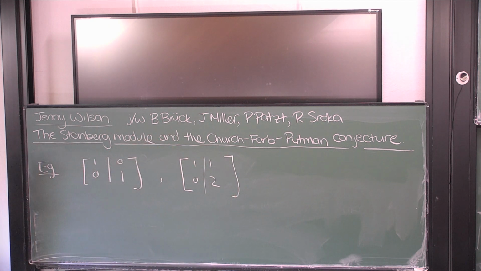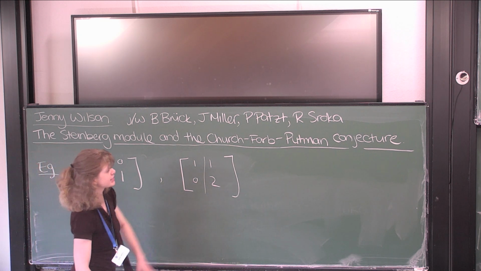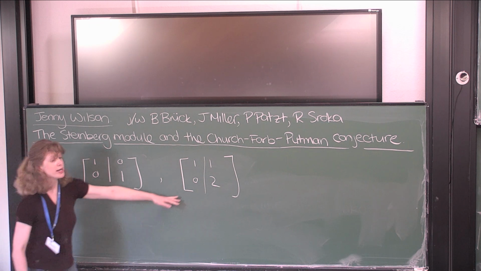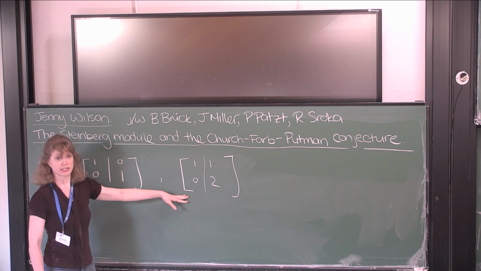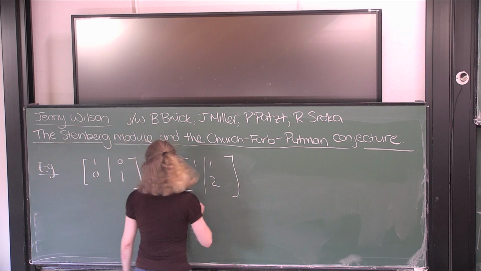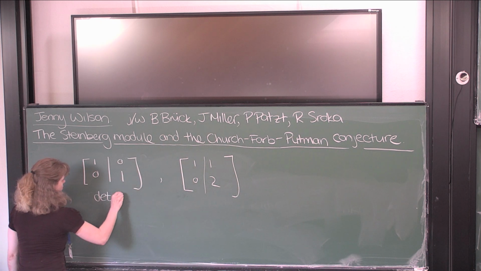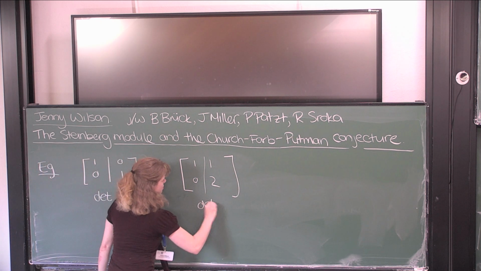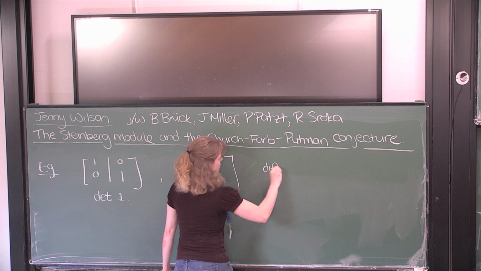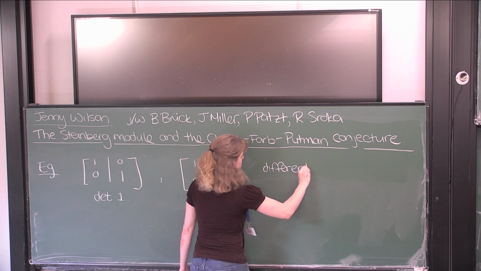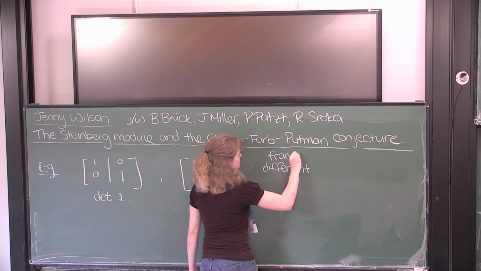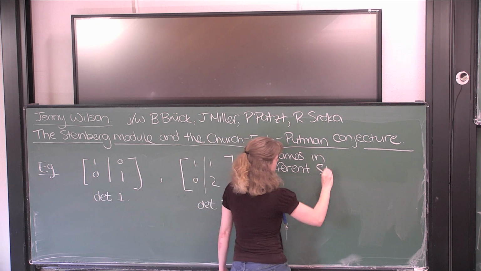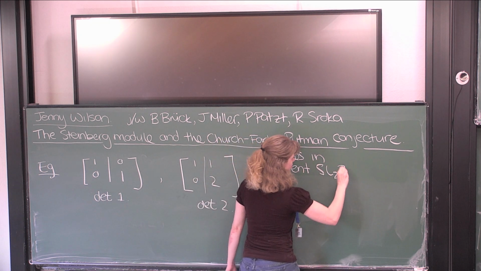With that convention, we can see that, for example, these two classes are going to be in different orbits of the action by SLnZ, since this one has determinant 1 and this one has determinant 2. So I'll just say the frames are in different SL2Z orbits.